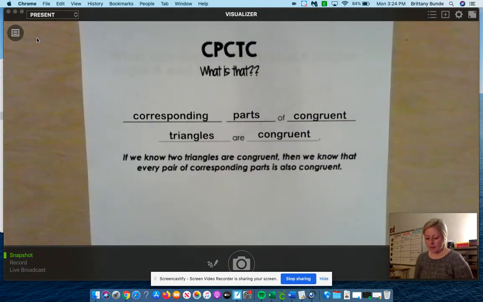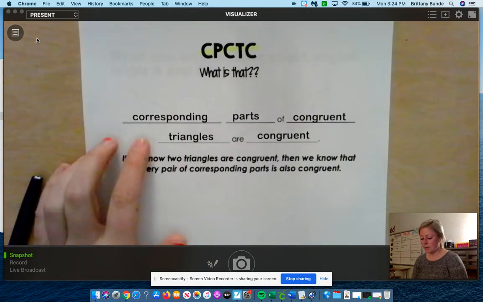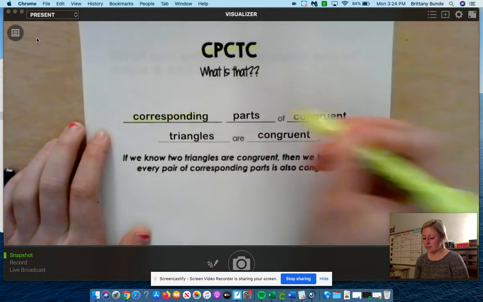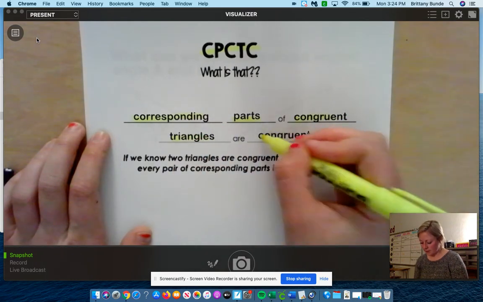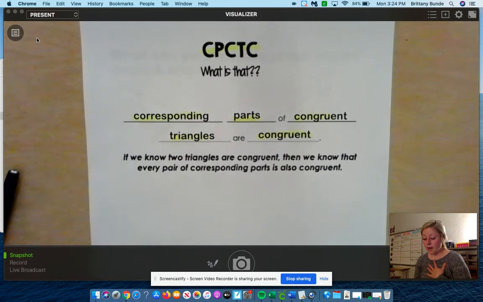Okay, so now there's more about this corresponding parts business. We have this shortcut, and this will come into play later on in the year, but we talk about it now a bit. CPCTC stands for corresponding parts of congruent triangles are congruent. So why is that important to us?